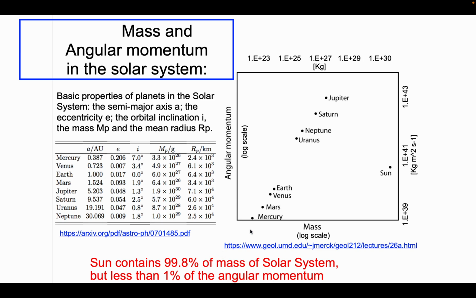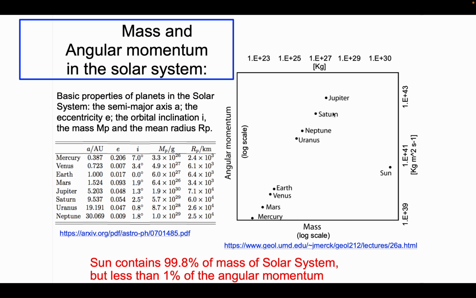If you plot this, you can see that for the outer planets such as Saturn or Jupiter, the angular momentum is higher and the mass is higher. The mass is closely linked with the angular momentum.